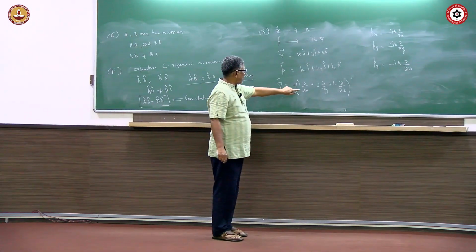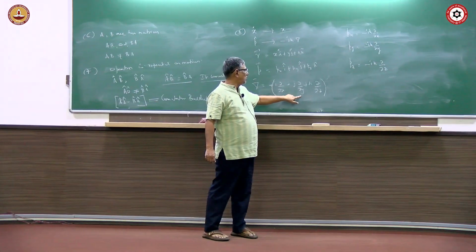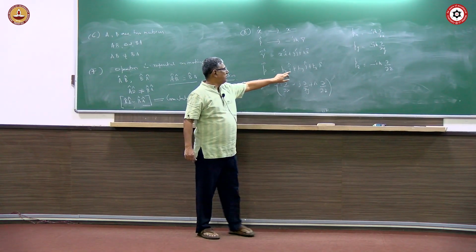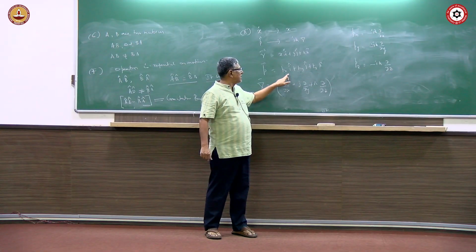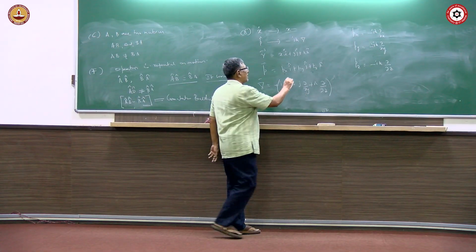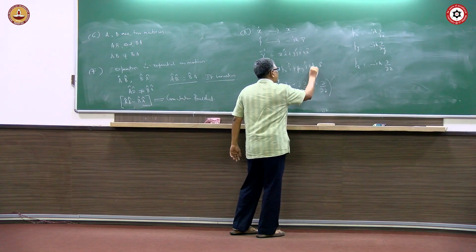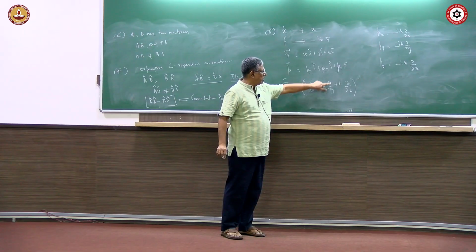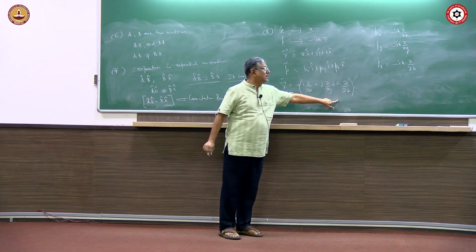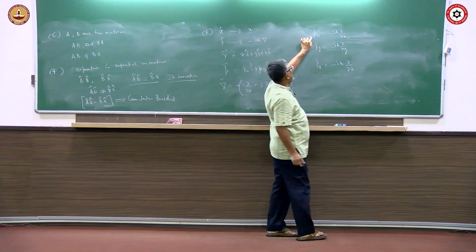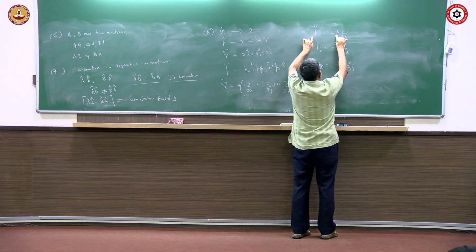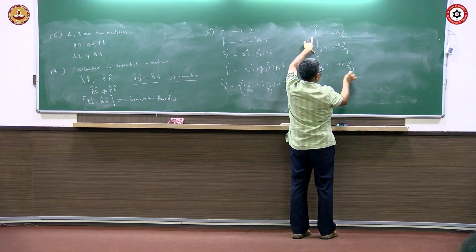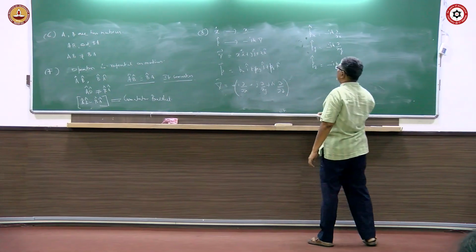Del is the operator i dou by dou x, j dou by dou y, k dou by dou z, and P has an x component, y component, z component, that is px, py, pz. Px operator is minus i h cross dou by dou x, py operator is this, pz operator is this.